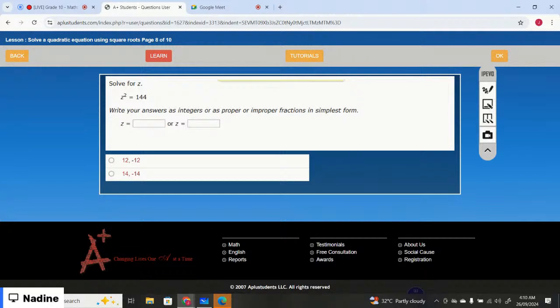Solve for z. z square equals 144. So which is the correct option?